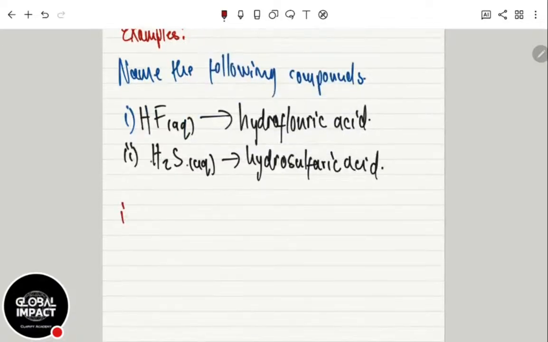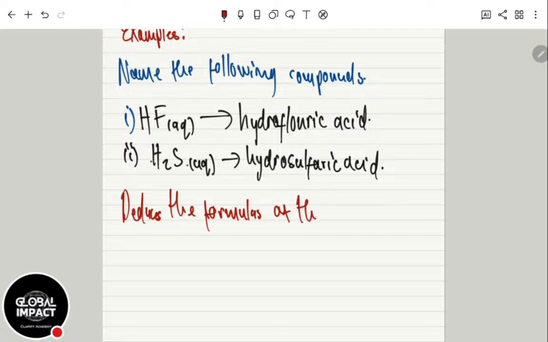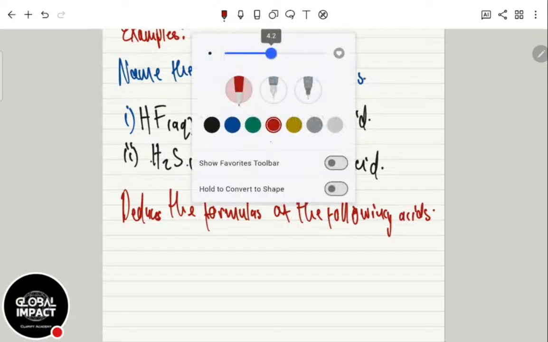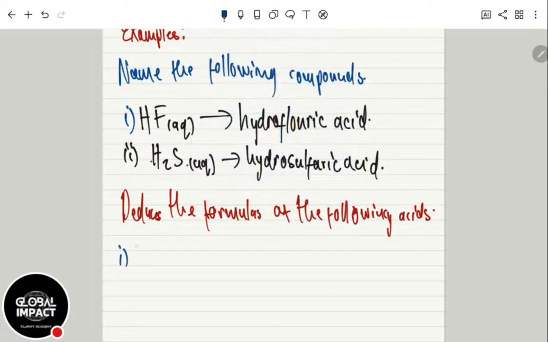Then here, now we are doing the second, which is now saying deduce the formulas of the following acids. They've given me the name hydrochloric acid.